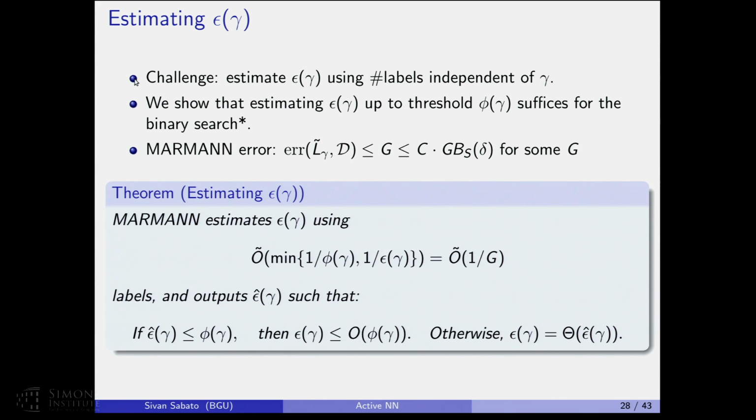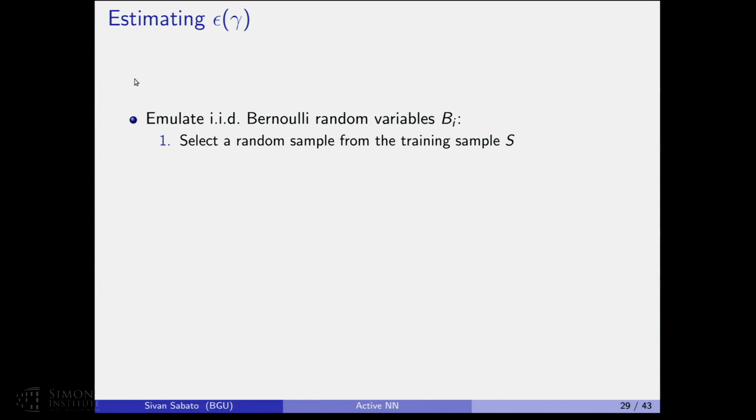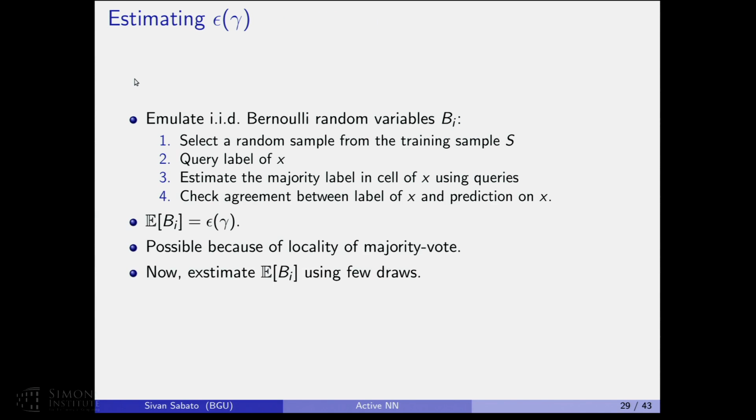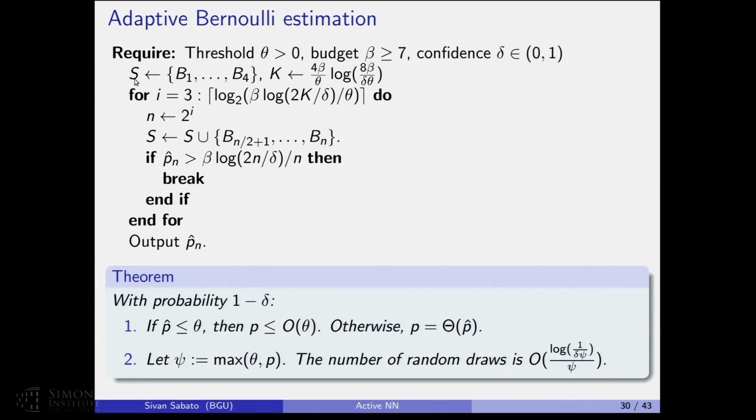In this way, we guarantee that even though we look at a lot of different scales, and even though the right scale might not be the one that we're looking at right now, we are never going to spend too many labels on checking this specific scale. I'm going to skip the explanation of how exactly we do that. I will just say in general that this can be done using a general solution to the problem of estimating the expectation of a Bernoulli variable using an automatic stopping mechanism.